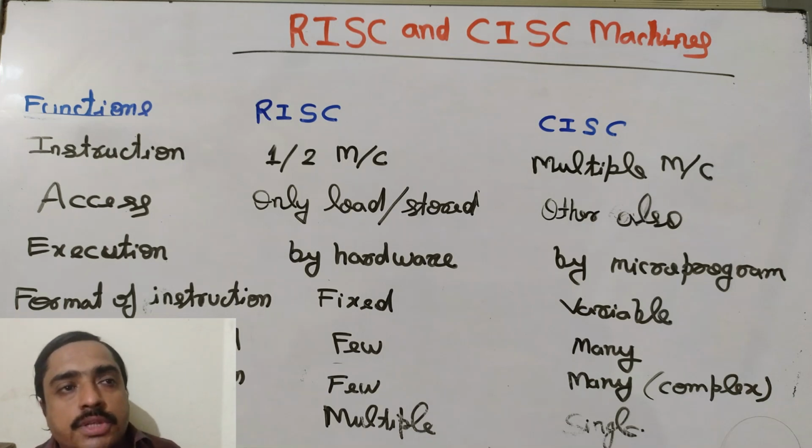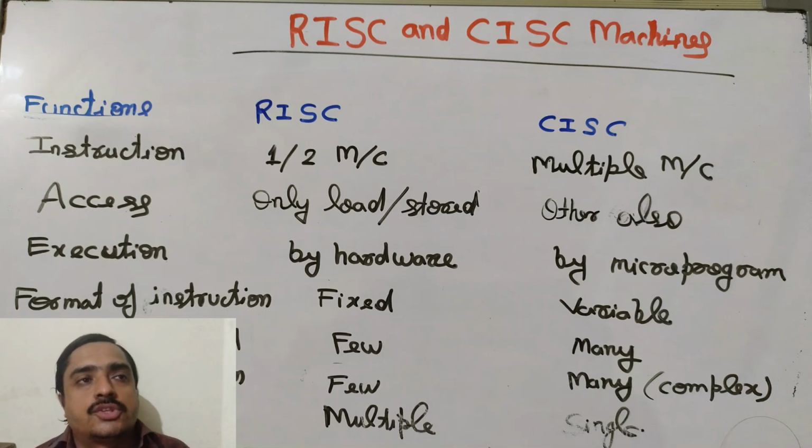In RISC, only load or store instructions can access memory. RISC is a very simple type of microcontroller, hence only the set of instructions stored in its internal memory can be executed, whereas in CISC the instruction is executed whether it is stored in internal memory as well as external memory.